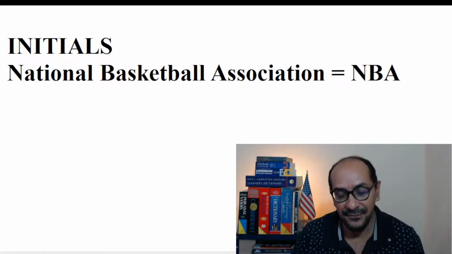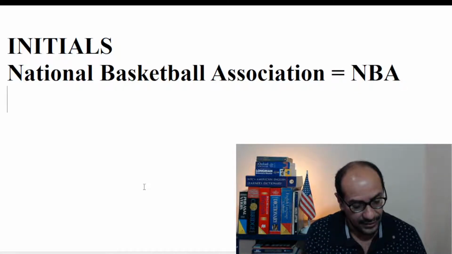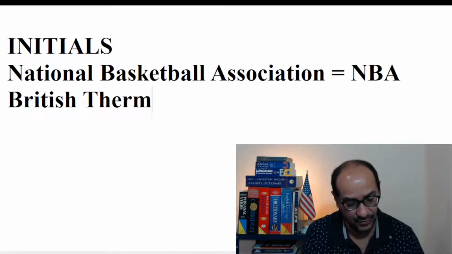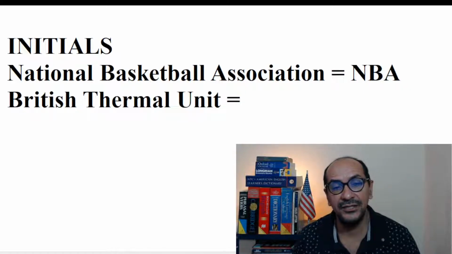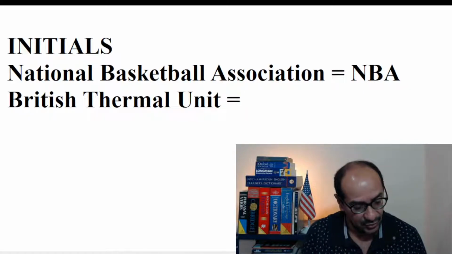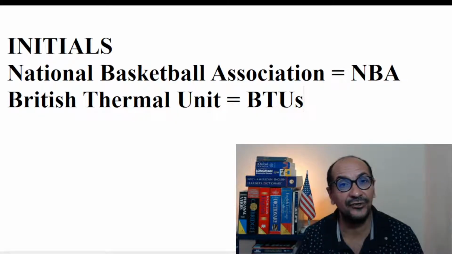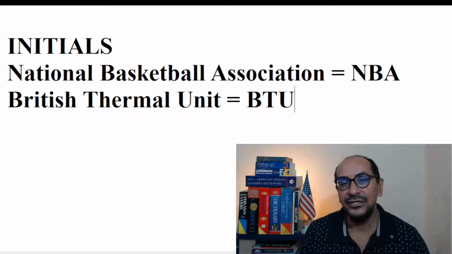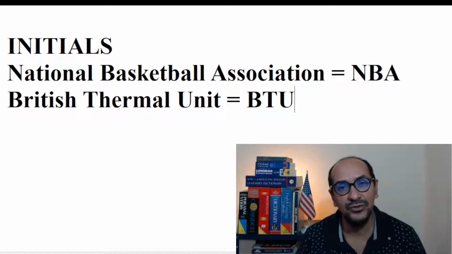So when you remember these initials, they are going to be very useful. One that I like to use a lot is the British Thermal Unit. When we have the British Thermal Unit, we have the BTU or the BTUs in your air conditioner, for example. So initials are going to be very useful, including in Portuguese.